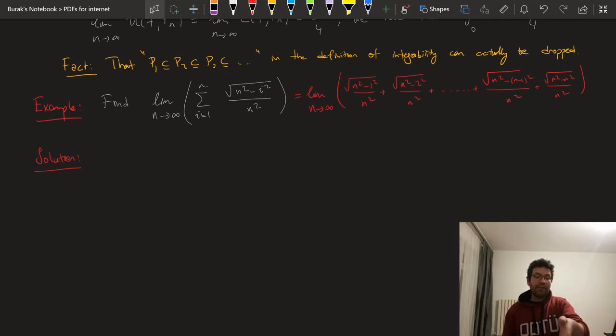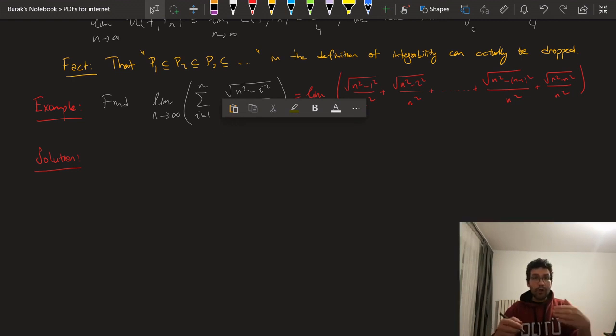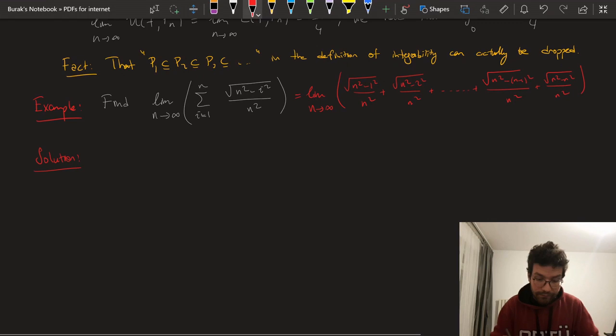So in practice, you're not going to run into such questions because no one would ask you to compute this limit. It looks so made up, and it is made up. This question is specifically made up for you to understand Riemann sums. What we're going to do is see this sum as a Riemann sum, and then taking the limit of this Riemann sum would correspond to computing the definite integral, okay?